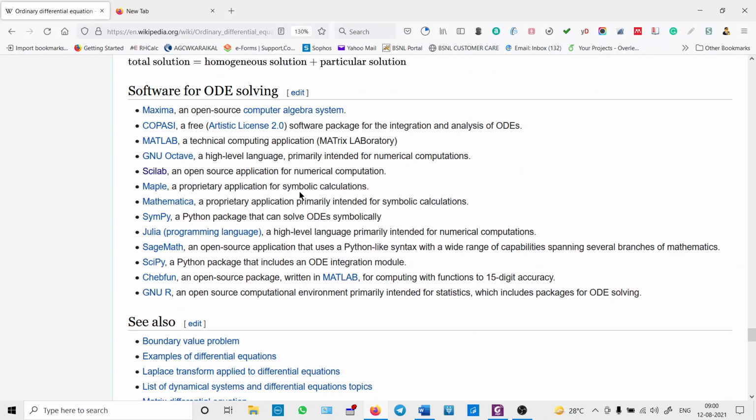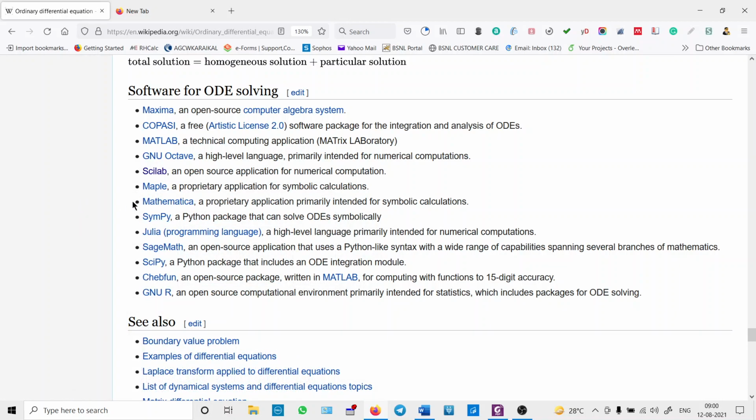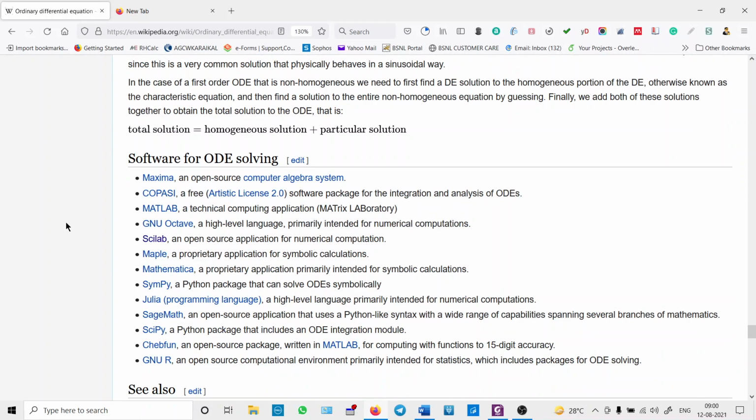See, these are the software for solving ordinary differential equations. There is MATLAB, Scilab, which you will be studying in the lab work as per the syllabus. Maple is there, Mathematica is there. All are very powerful software where, if we are unable to solve the differential equation by analytical or direct methods, then we get help from these software: MATLAB, Mathematica, Scilab, Maple, and a lot more.